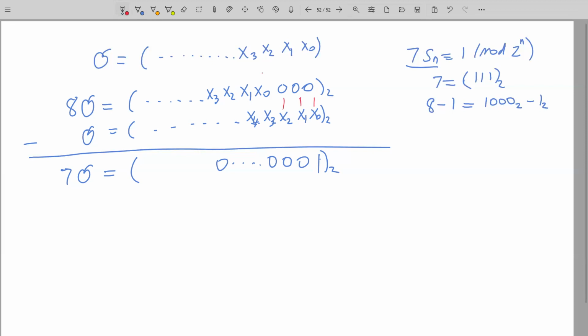Then, if we get those here, we get 1 minus x3, but there was a carryover here, so there's only 0 left there. So x3 must be 0. And this time there's no carryover anymore. So 1 minus x4 should be 0, which means x4 is 1.